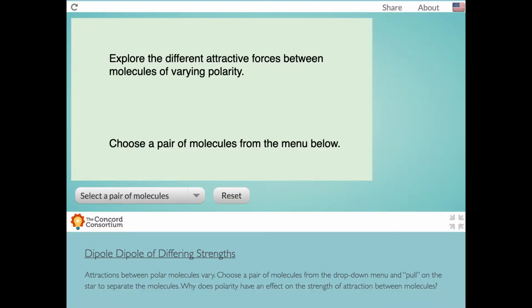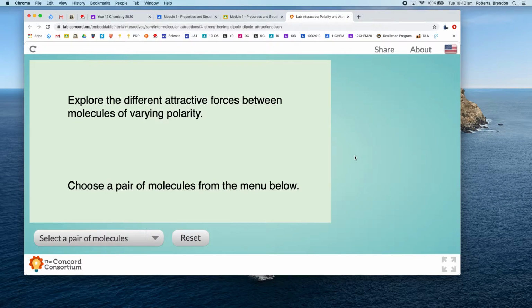All right. This is a really good resource that I found and I added to these notes by the Concord Consortium. They're little interactive things that you can do, and I might show you here. So I've just put links in the notes. This one's on dipole of differing strengths. So click and it'll open. So explore the different attractive forces between molecules of varying polarity.